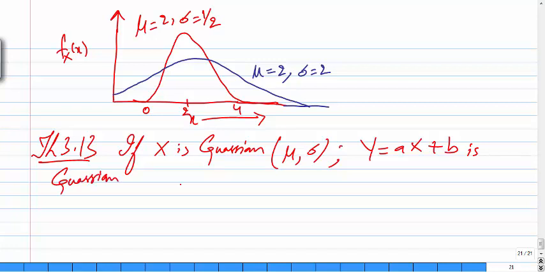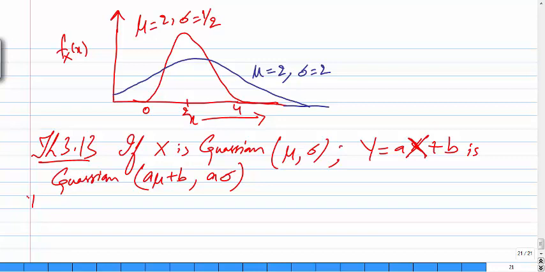If we give a Gaussian input and make a new variable, then the new variable is also Gaussian. The only difference is that X is multiplied by a, so it becomes a times mu plus b, because the mean value is linear, but the variance becomes a squared times sigma squared. So a times sigma is the standard deviation. Now this is the mean value and standard deviation.